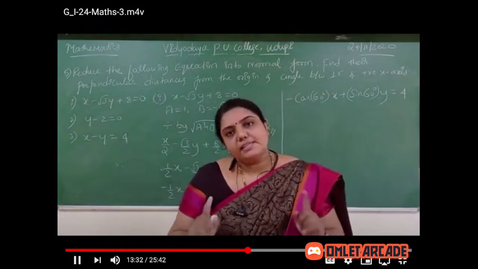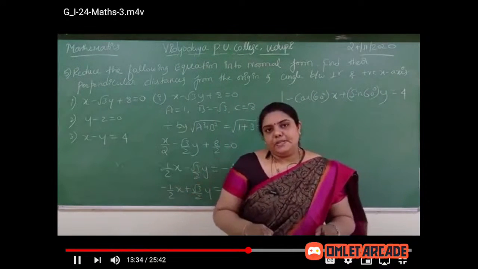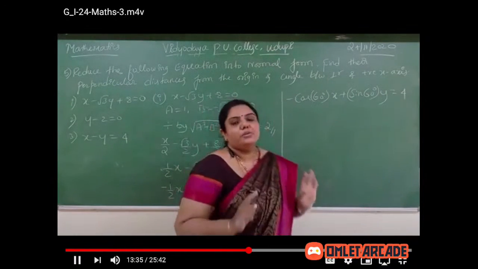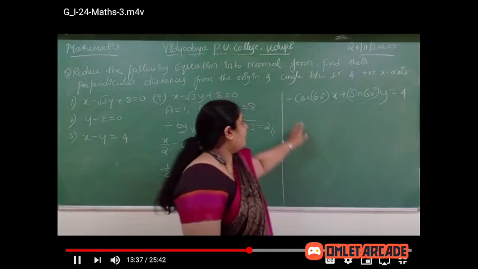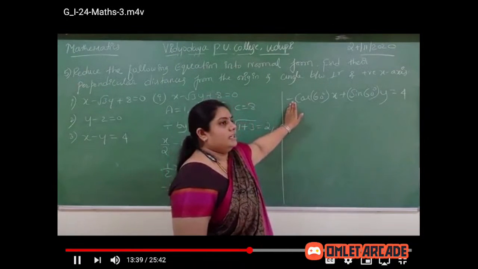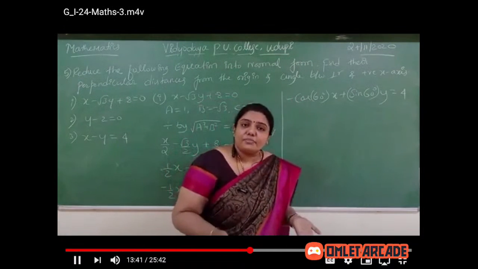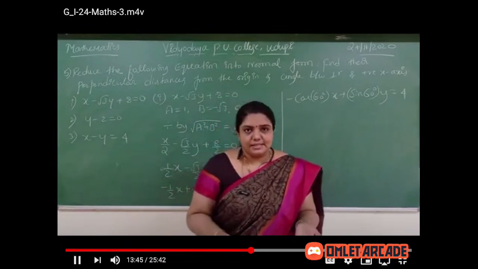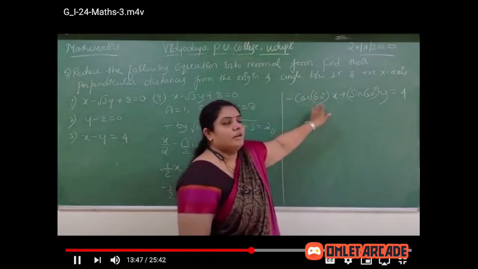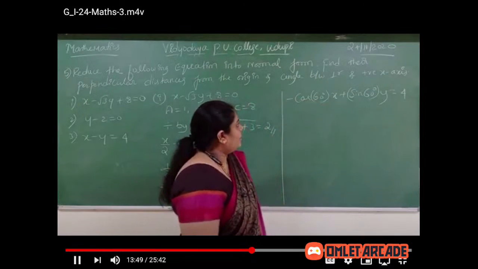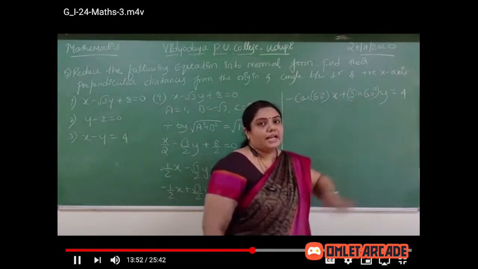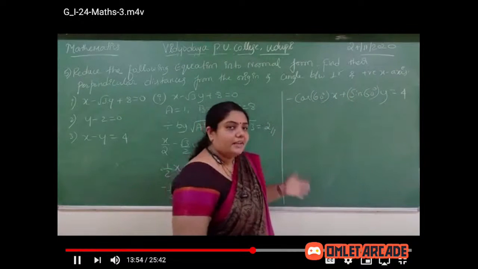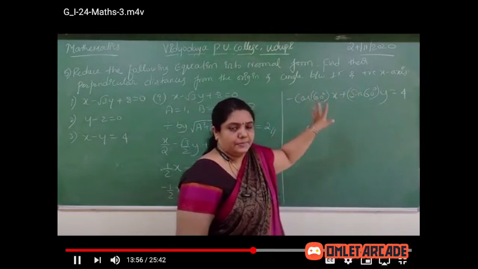X cos omega plus y sin omega is equal to P. There should not be a negative here, isn't it? And you can't write minus cos 60 as cos of minus 60, because cos of minus 60 is actually cos of plus 60, isn't it? You can't write this as cos of minus 60. But you have to choose an allied angle which gives you the same values.